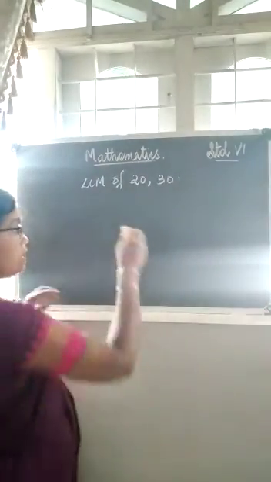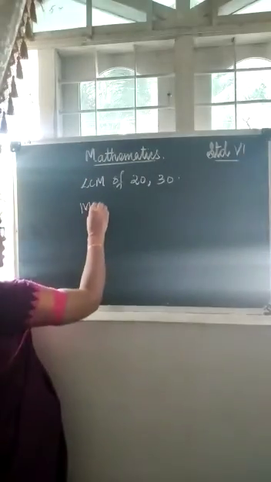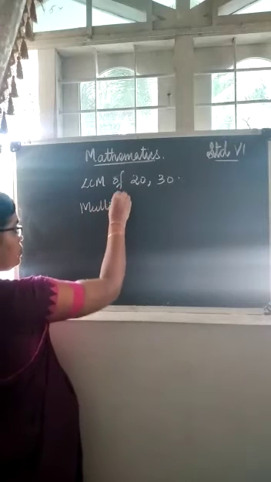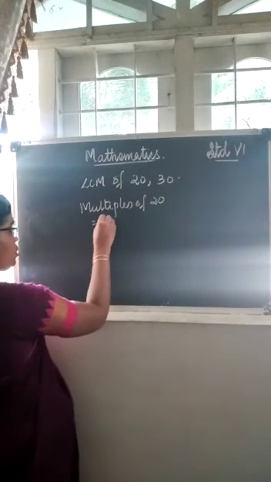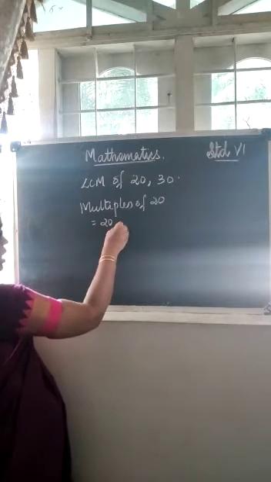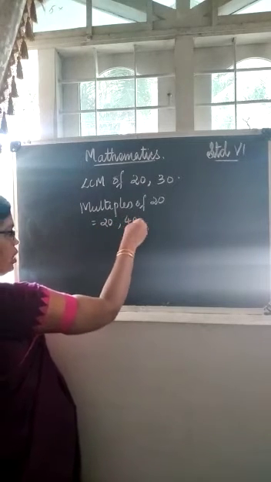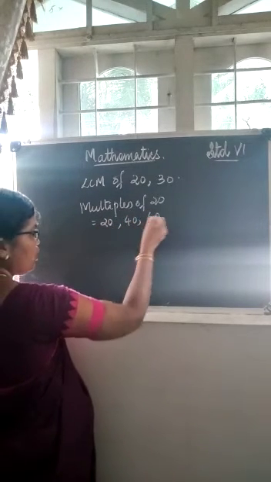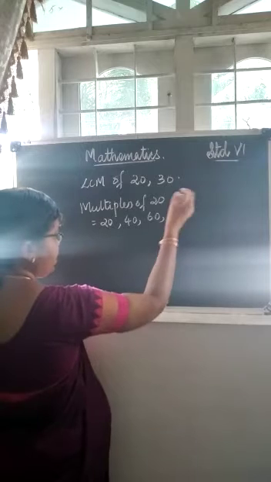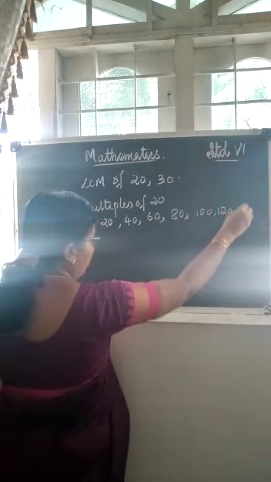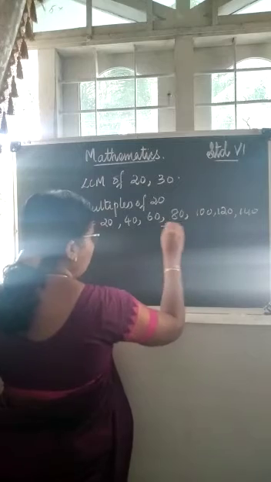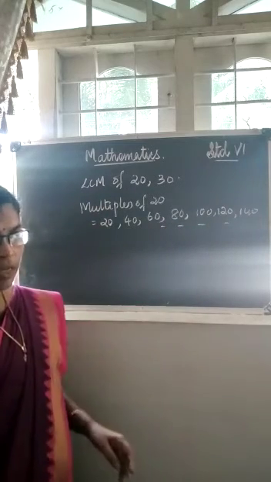Let us see. Multiples of 20. Which are the multiples of 20? 20 ones are 20, 20 twos are 40, 20 threes are 60, 20 fours are 80, then 20 fives are 100, then 120, 140, etc. It goes on like this. Right?